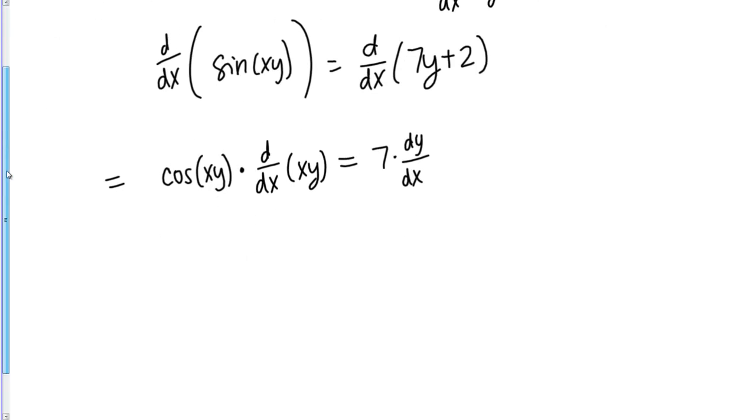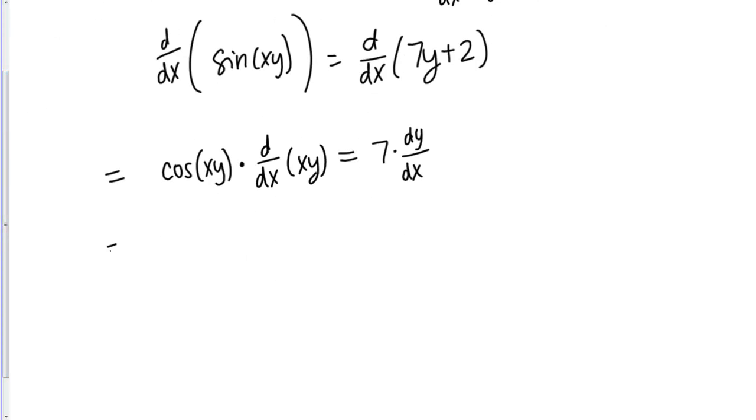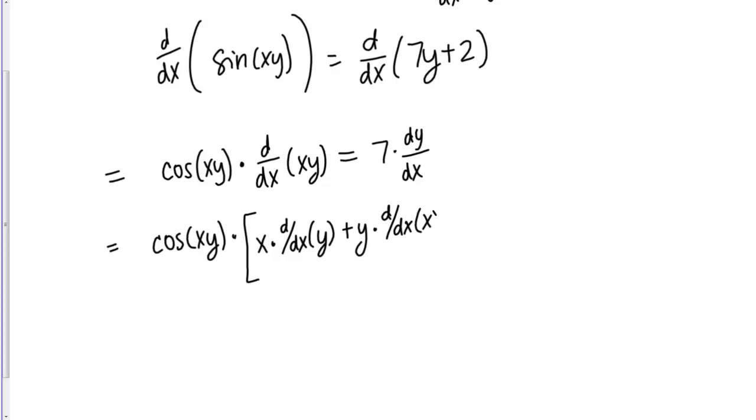Okay, so let's work a little more on that left-hand side. We have cosine of xy, and then I have the derivative of x times y. But x times y is a product, so I'm going to need to use the product rule to take its derivative. Let's put this in brackets. The product rule is first times the derivative of the second plus the second times the derivative of the first.